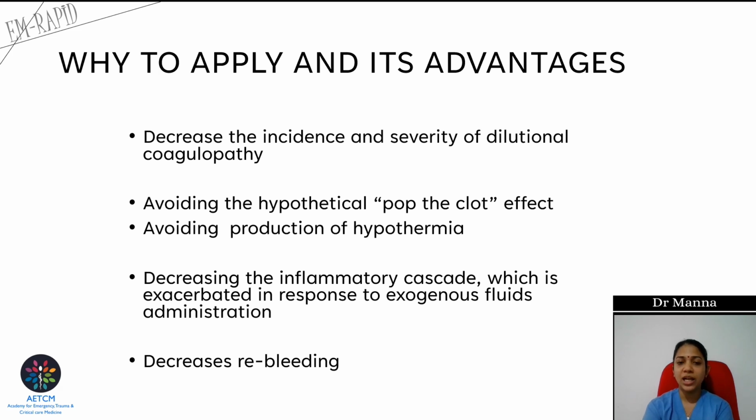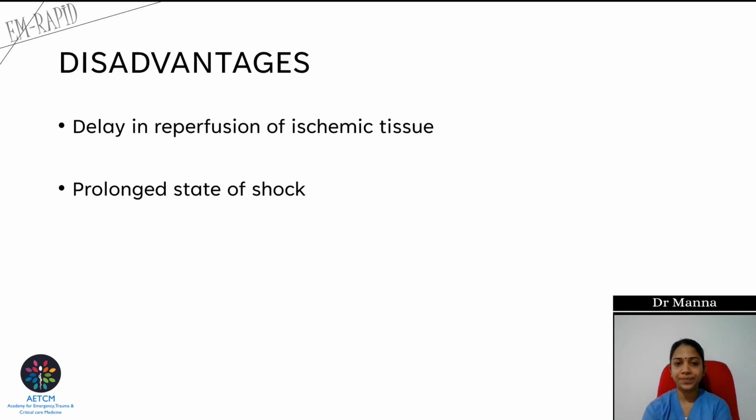Then reducing the fluid usage can avoid hypothermia. It can also reduce the inflammatory cascade in response to exogenous fluid, and it can also reduce rebleeding. One disadvantage is that because of targeting a lower blood pressure, there can be a risk of ischemia to the tissue, and the patient might go into a prolonged state of shock, and that can affect the patient.